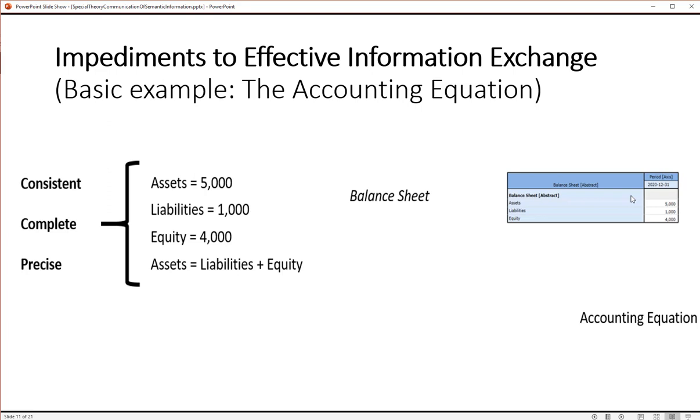There's an assertion, like I said, assets equals liabilities plus equity. And you see on the very right-hand side, three facts: assets of 5,000, liabilities of 1,000, and equity of 4,000. And the system that I'm describing here is consistent, it's complete, and it's precise.